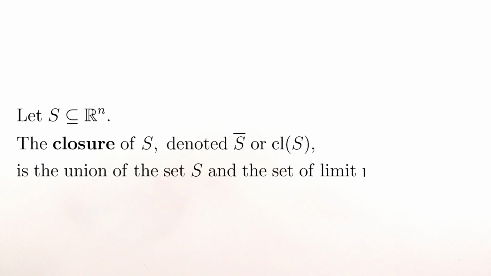These examples have prepared us to define the closure. Let S be a subset of n-dimensional space. The closure of S, denoted S bar or CL of S, is the union of the set S and the set of limit points of S. How does this apply to our mango?